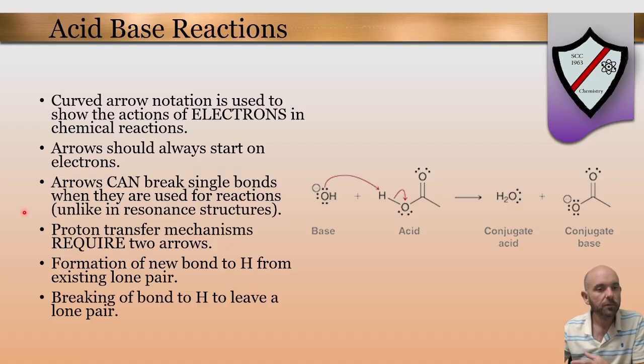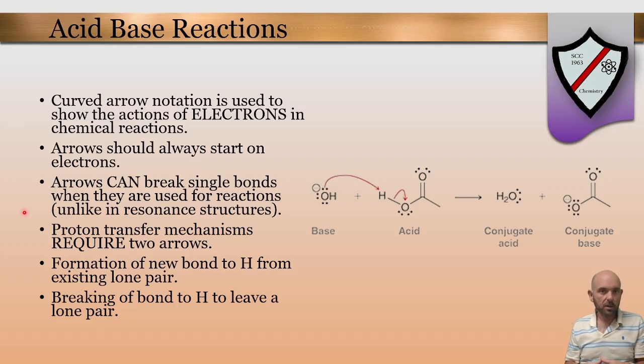However, there are a few different rules for curved arrow notation when we're doing chemical reactions. Similar to curved arrow notation for resonance structures, curved arrows in reactions should always start on electrons, whether that be a lone pair or a bond of some sort. Arrows show the movement of electrons, and so they should always start on electrons, never on an atom.